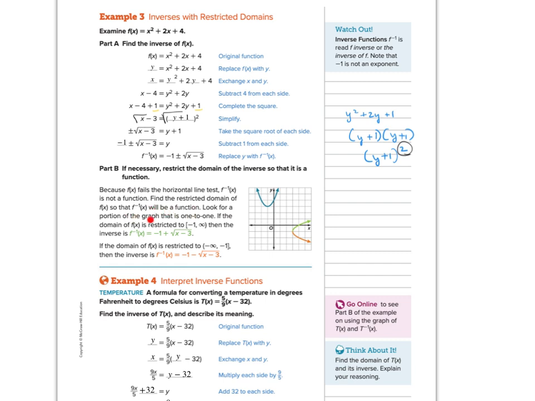Look at the portion of the graph that is one-to-one for the domain restriction. So they are saying if the domain is restricted to from negative infinity to negative 1, then the inverse is negative 1 minus the square root of x minus 3.